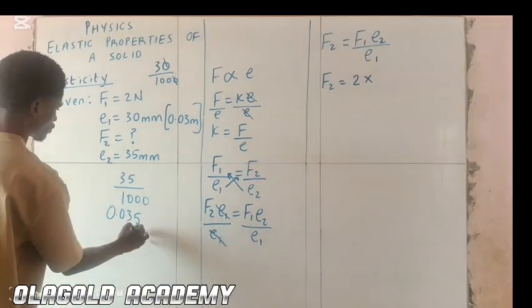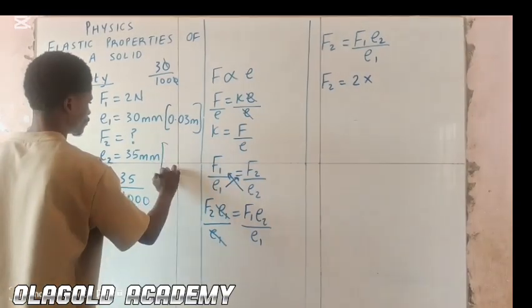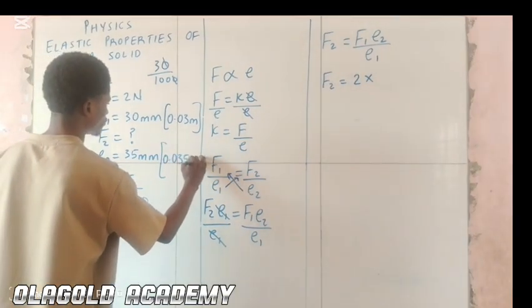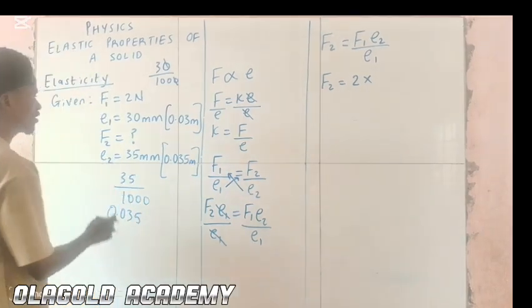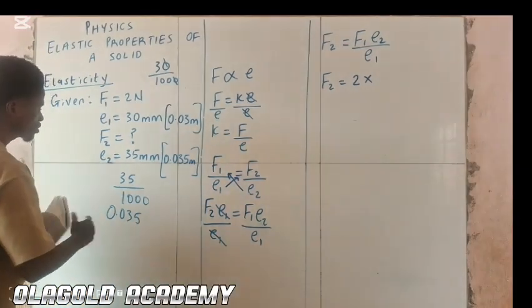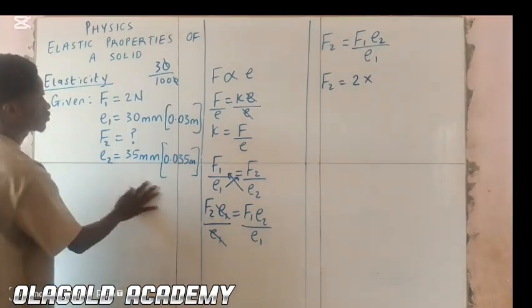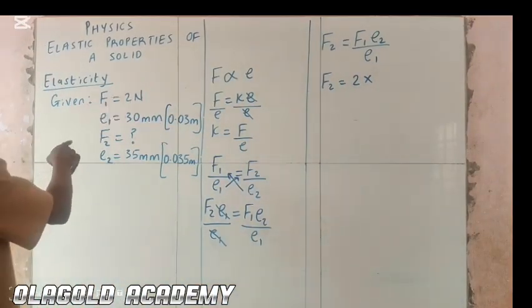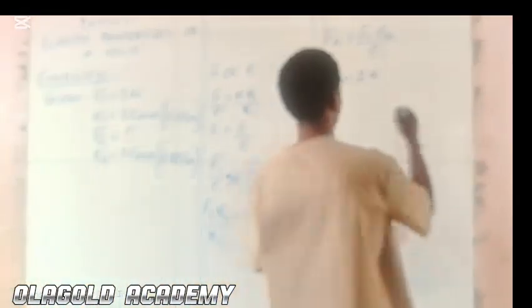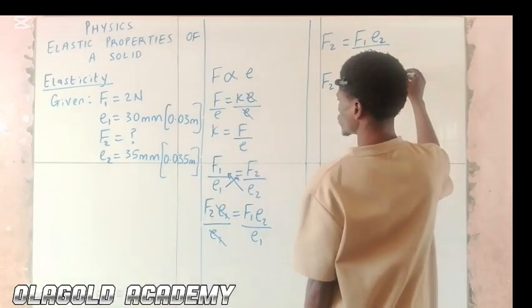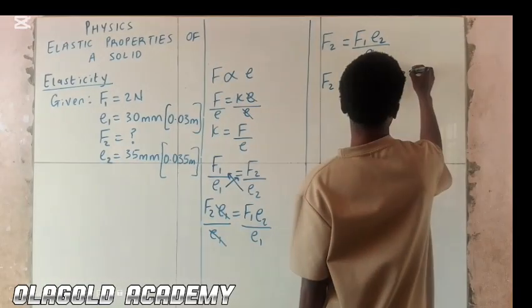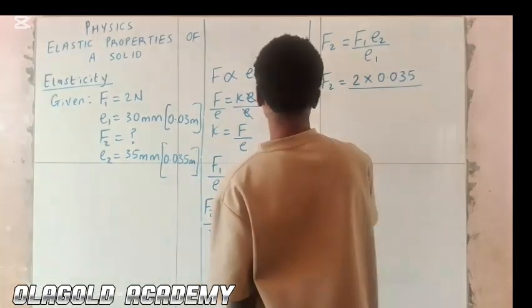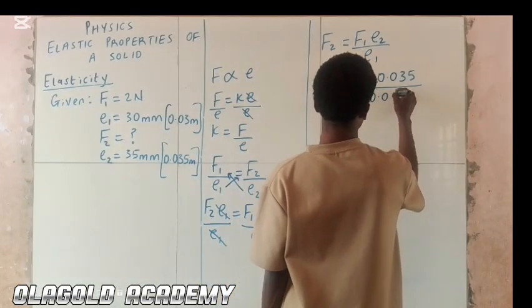So we are going to have 0.035 meters. All right, so our E2 becomes 0.035 over E1, which is 0.03.